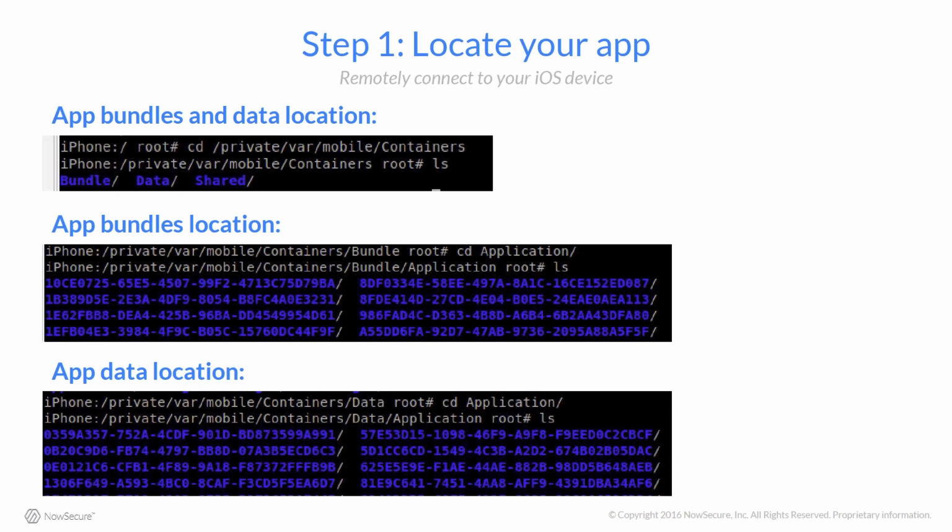Locating your app on iOS: an application will store the app bundle, so the IPA file, the actual application, in a different location than it stores the actual data. They decided to do this in, I think, iOS 7 or 8, which just made things a little bit more confusing, but we're going to be focusing mostly on the data anyway.